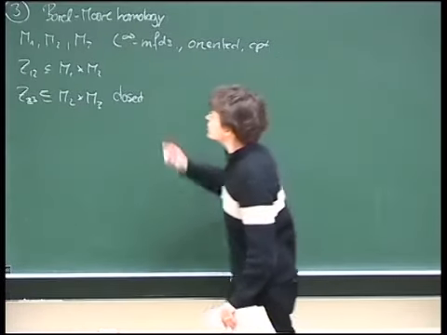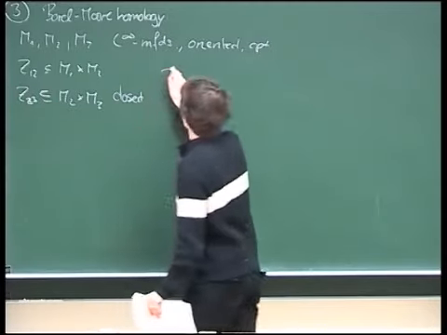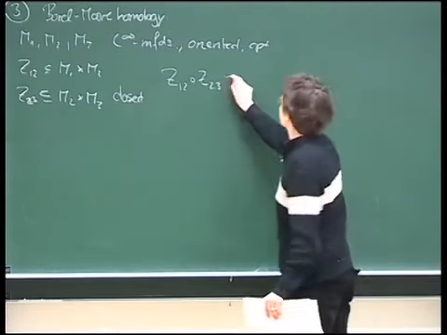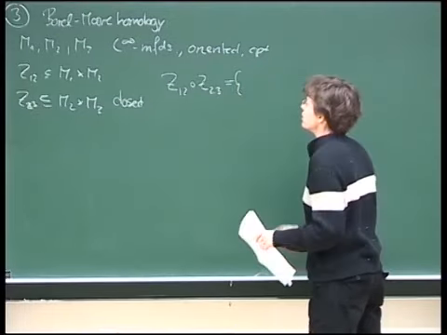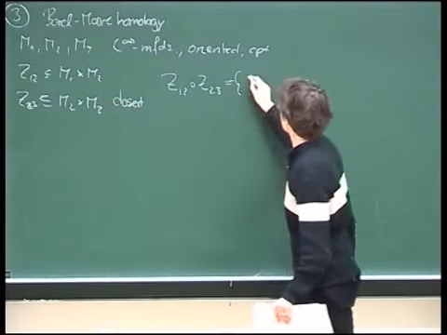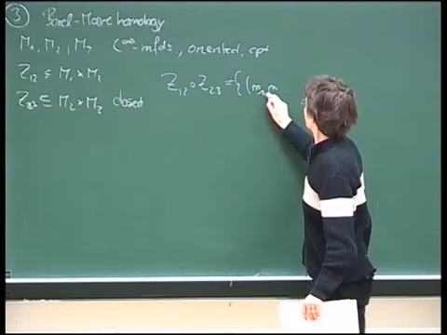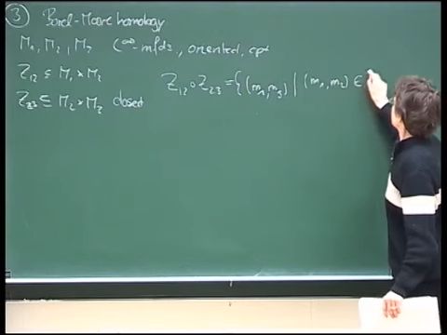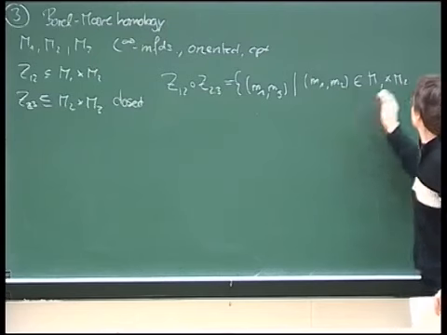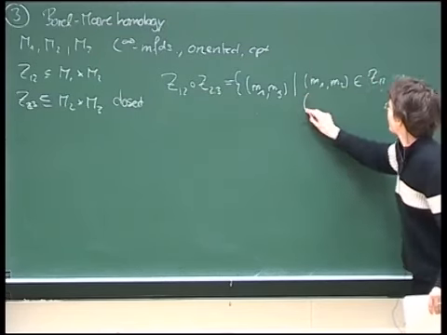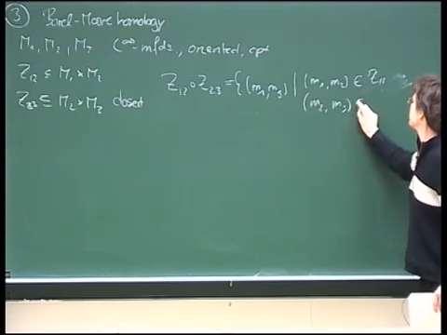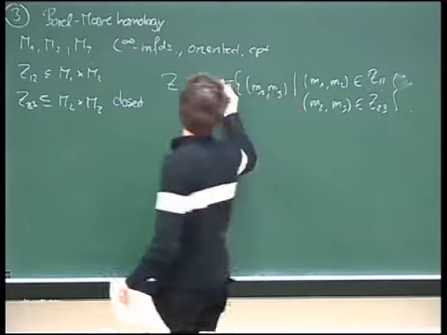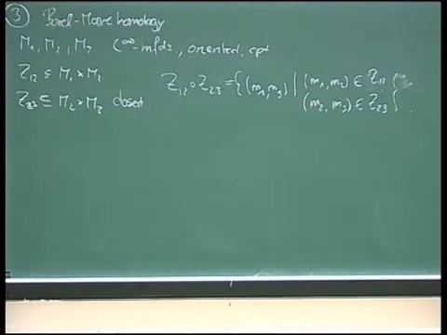Then I do this construction, which I did here for the sets. I define a convolution of the sets as a subset in M1 times M3, given by all tuples for which I can find an M2 in between, such that I end up in this set, the one in M2 times M3. So this is the definition of the product of these two sets.